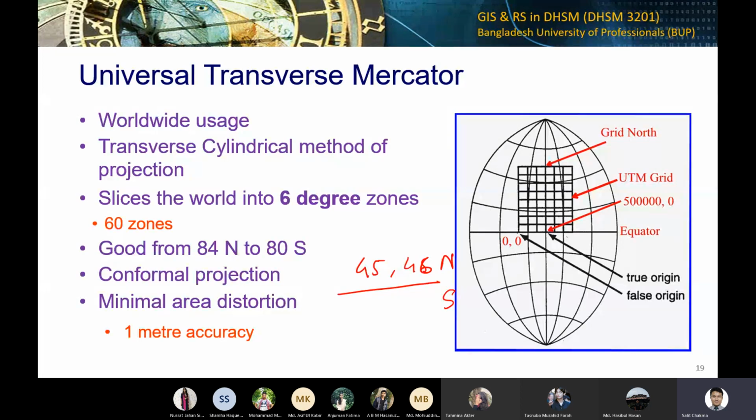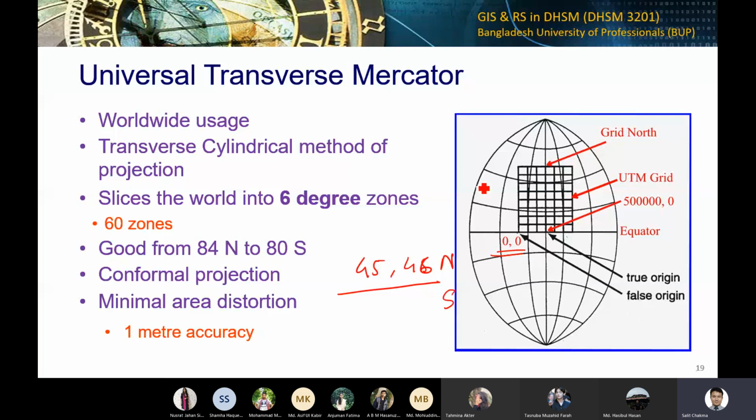UTM is highly dependent on the zones because each zone is independent of the other zones. And what do I mean by independent of the other zones? Because each zone has its own false origin. For example, we are talking about this zone. Let's say this is zone 45, and 45 has its false origin here, and the true origin might lie somewhere else.